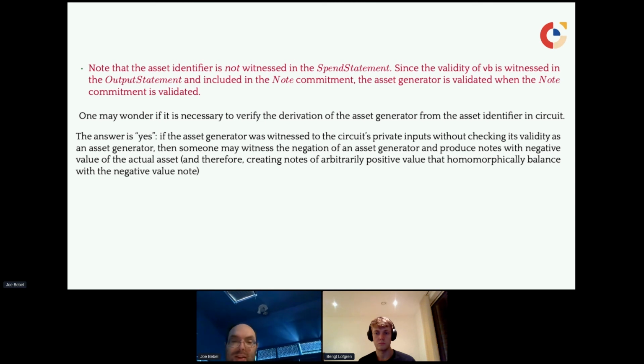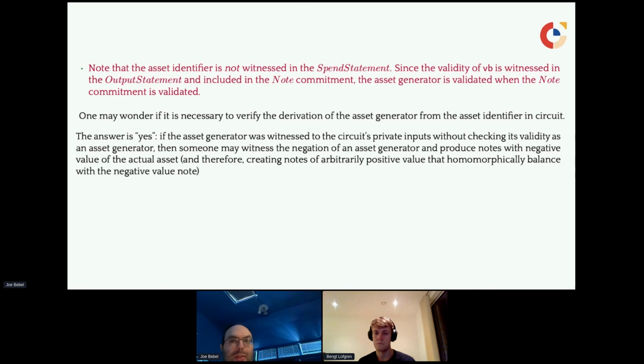Anytime you can avoid having to do an expensive hash operation in the circuit, you can save a lot of computation time. But in the specific construction that we've described, you have to verify that your asset generator is good in some way. And so we just accept in this construction the cost of the Blake2s hash, even though there's potentially alternative ways to do this.